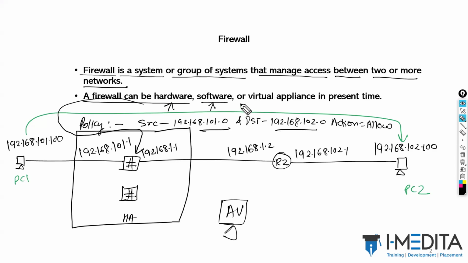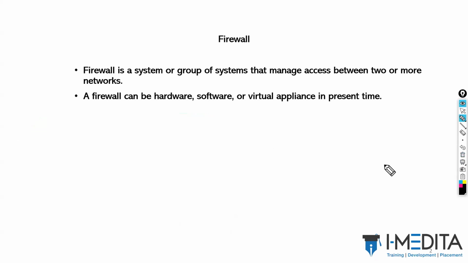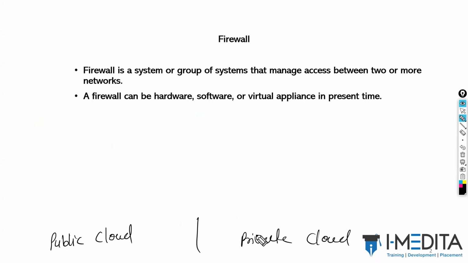And a firewall can also be a virtual appliance in present time. To understand it, in present time we use two types of cloud: public cloud and private cloud.